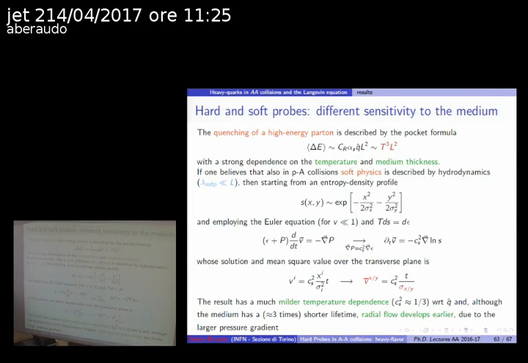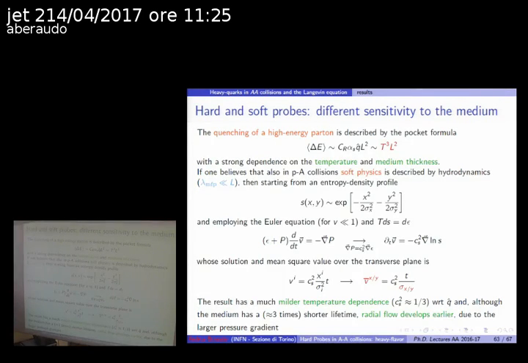On the other hand, let us check what happens for soft observables. If we assume the soft observables are described by hydrodynamics, it means that the expansion of the medium is driven by pressure gradients. This is a strong assumption, but let us take it as a working assumption.